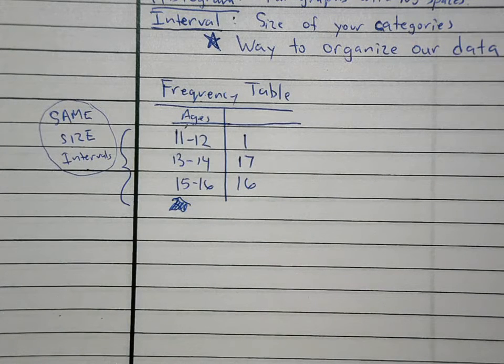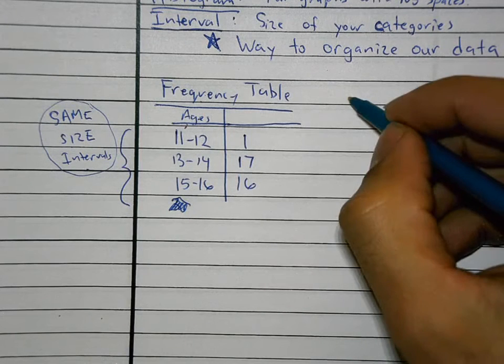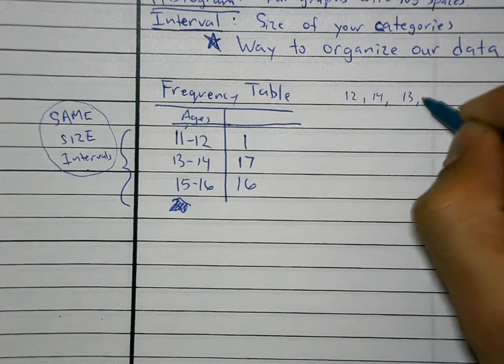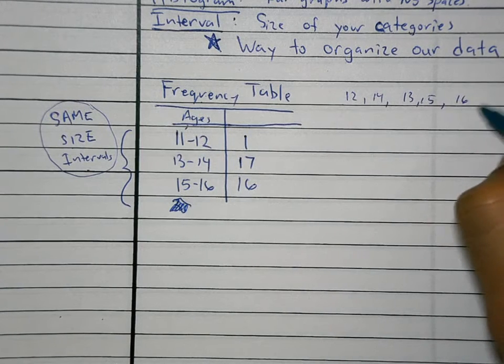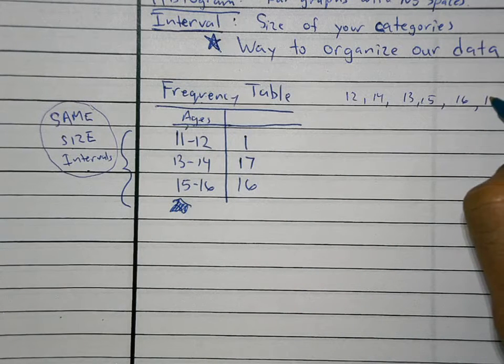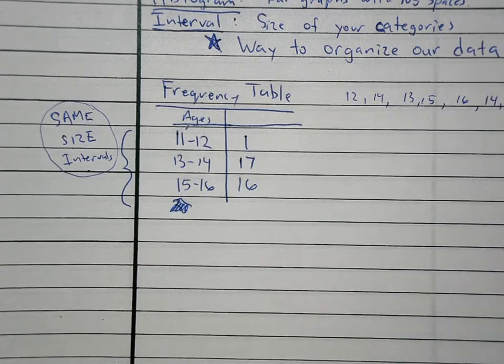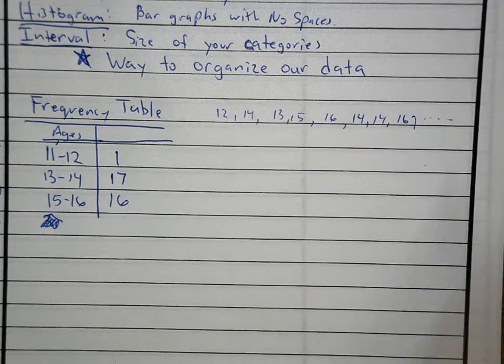If I wrote all those things down, it would look something like this: 12, 14, 13, 15, 16, 14, 16.